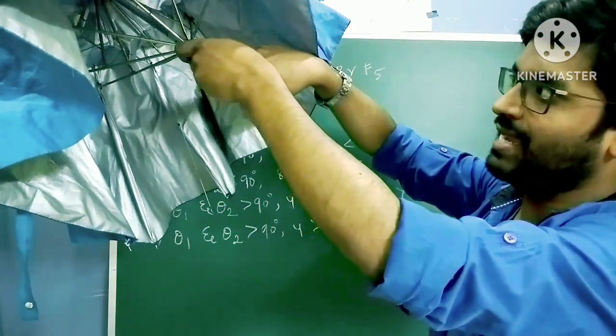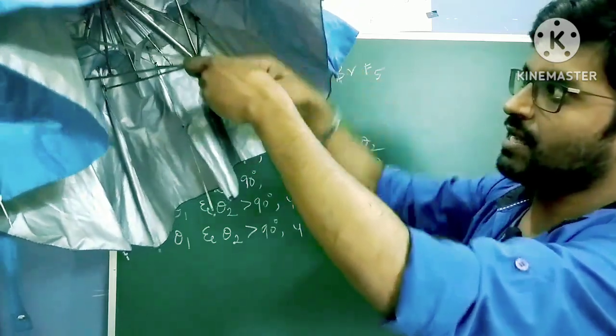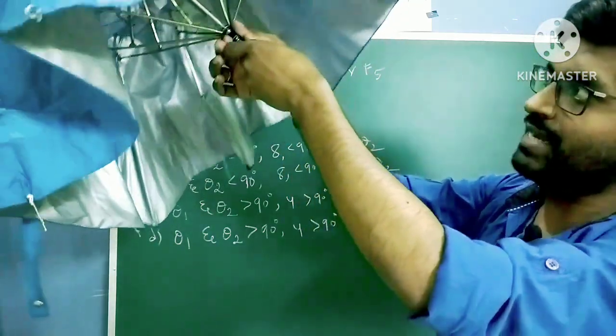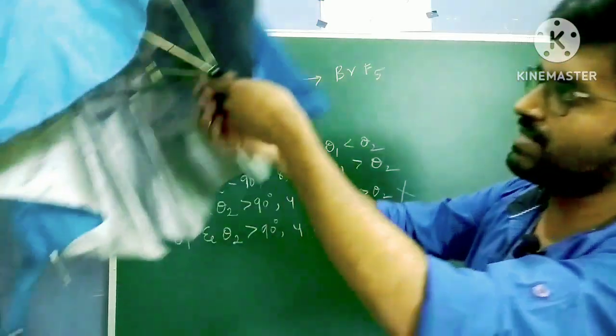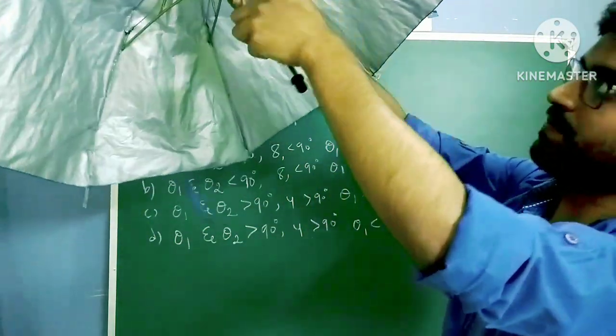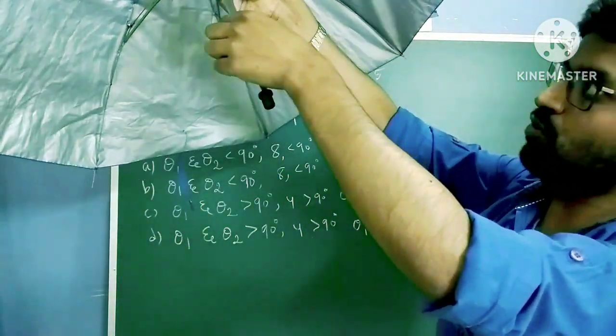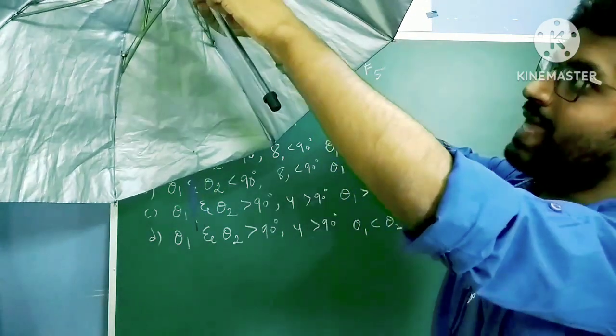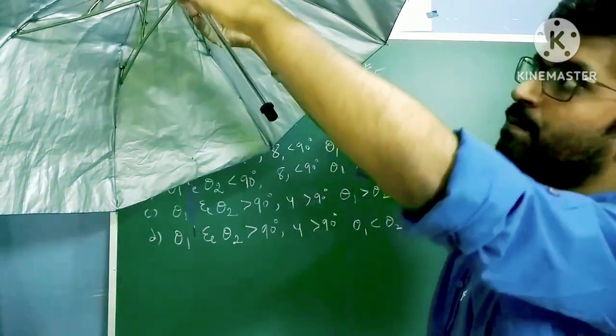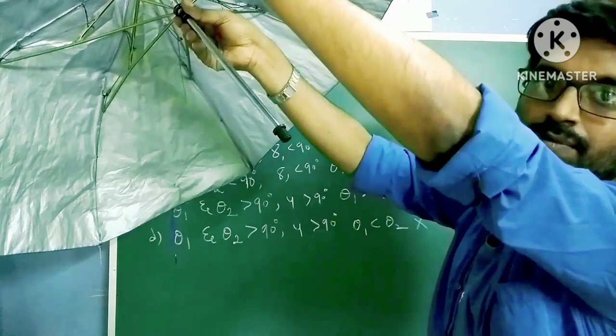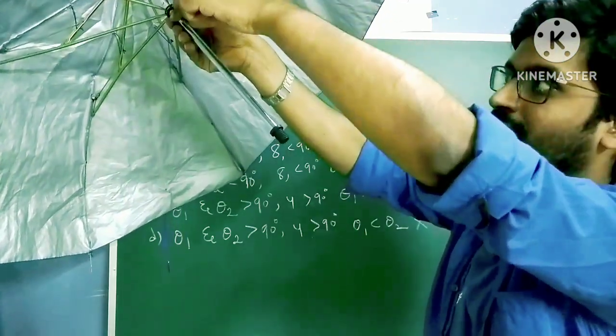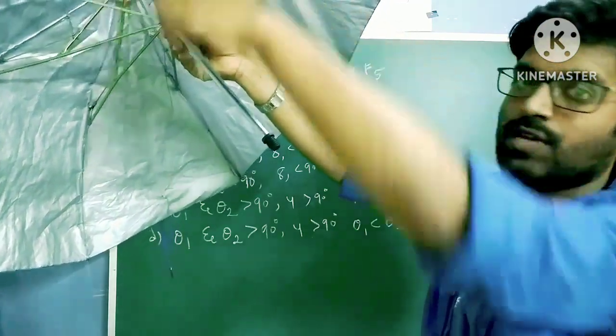When the spokes move outward like this, the angle between the button and the spoke becomes high.